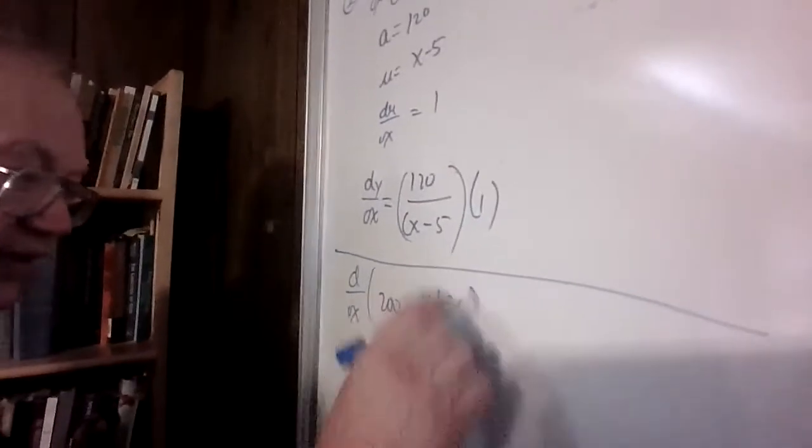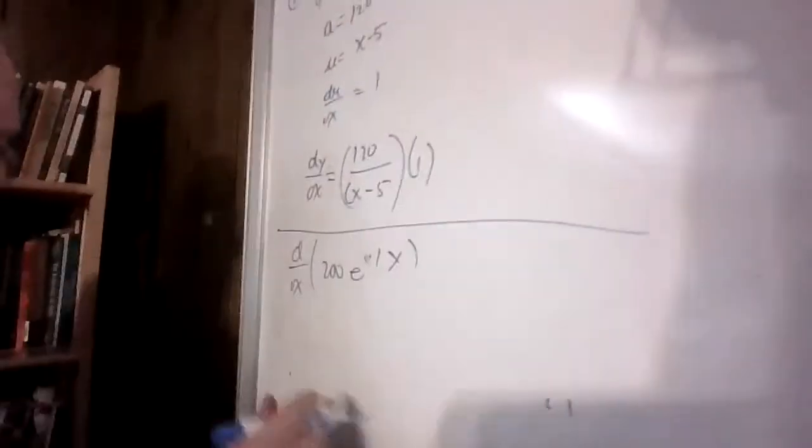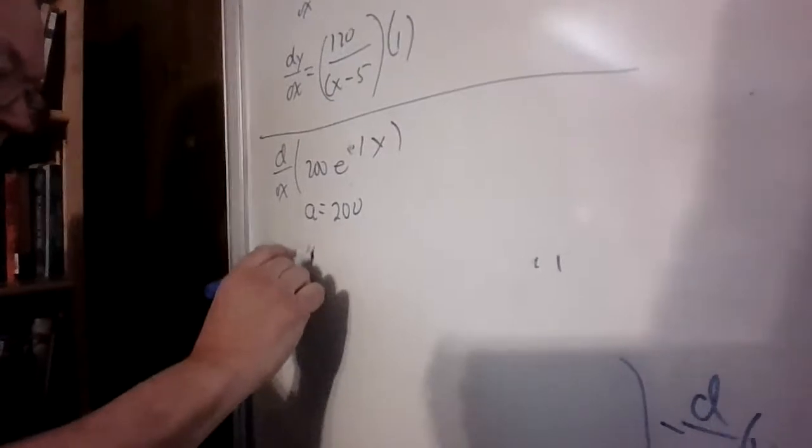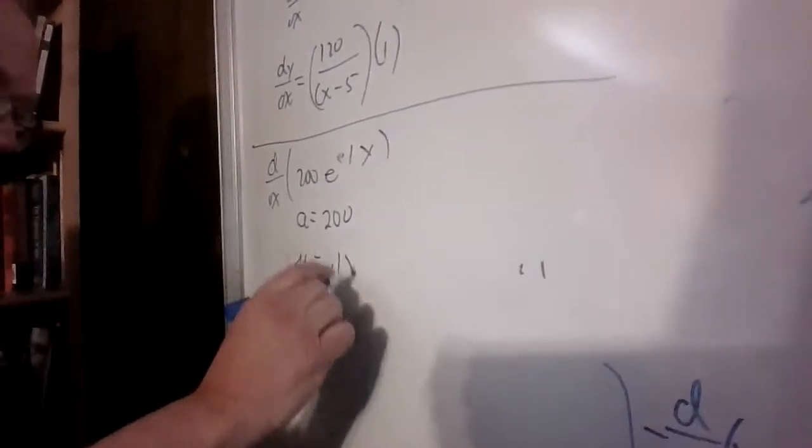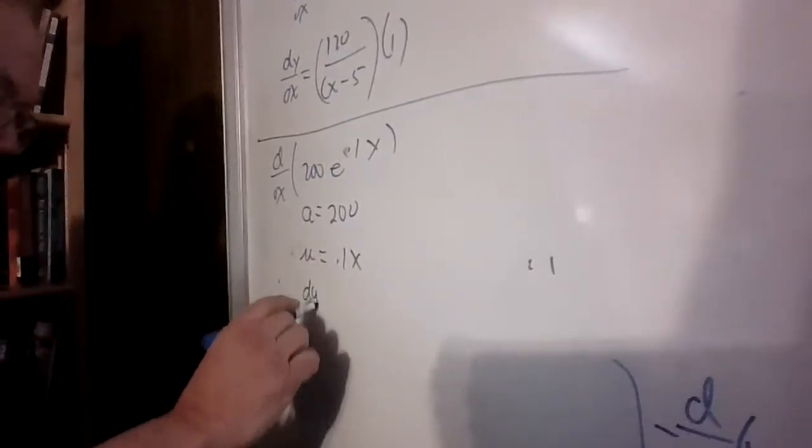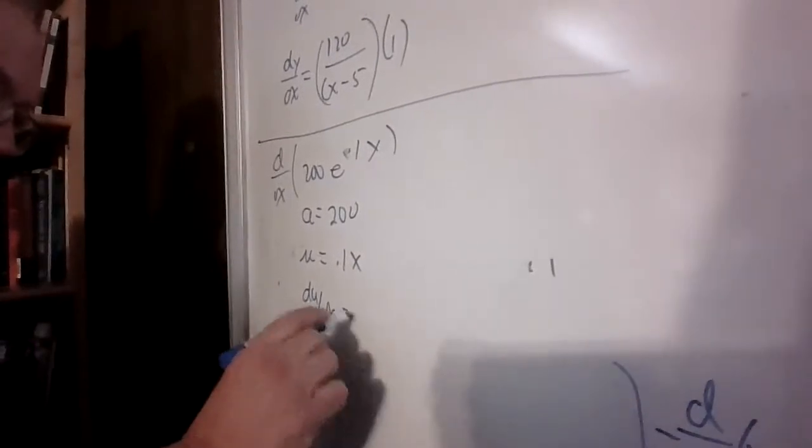X. No t's in here. If I follow this rule over here, a equals 200. U is going to be equal to what's in the exponential. So du/dx is simply going to equal 0.1.